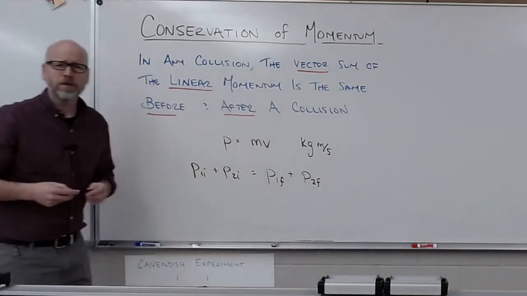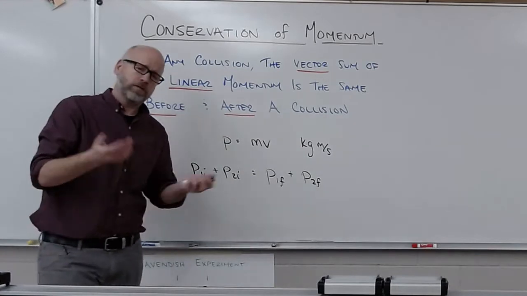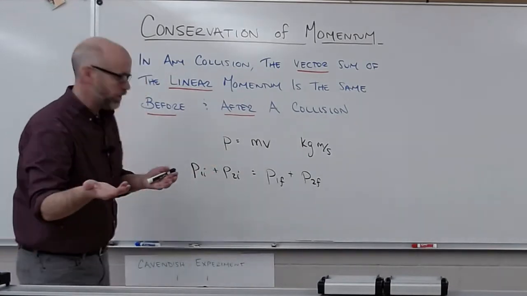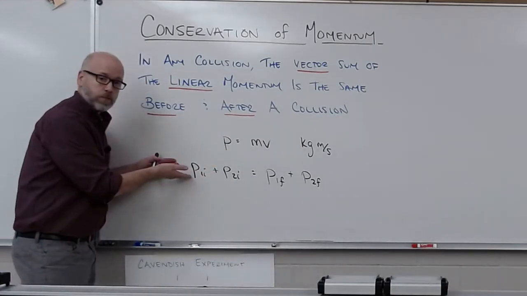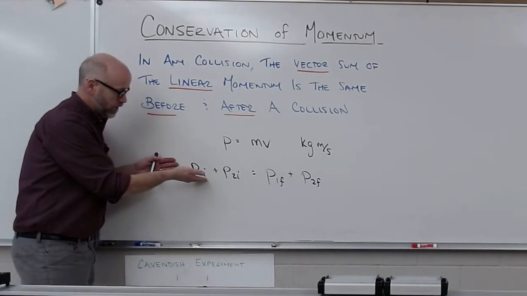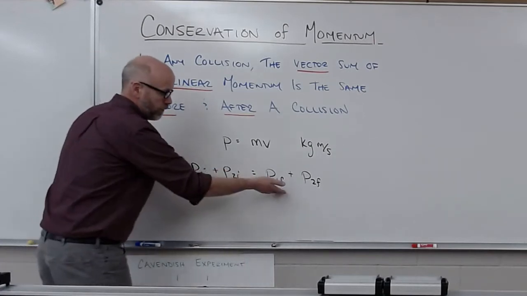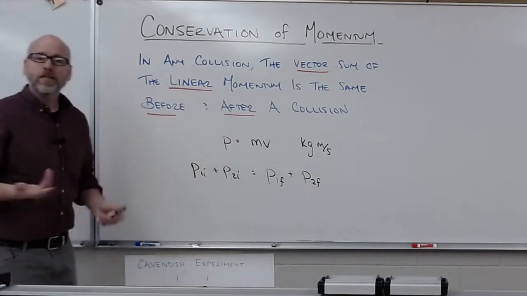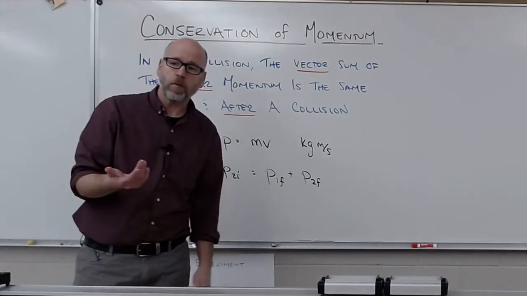Now, it's unfortunate that the letter p looks the same as an uppercase and a lowercase. But there it is. These are lowercase p's with the subscripts 1i, 2i, 1f, 2f. And there it is. Law of conservation of momentum.